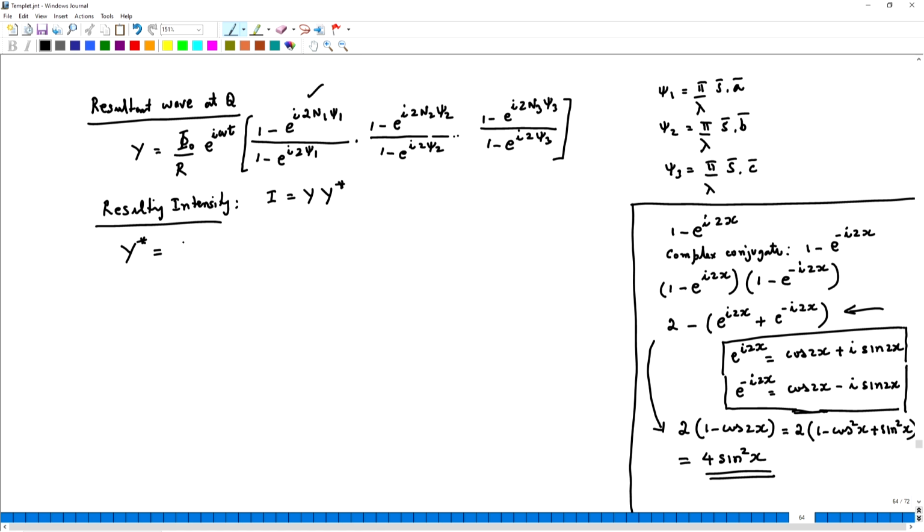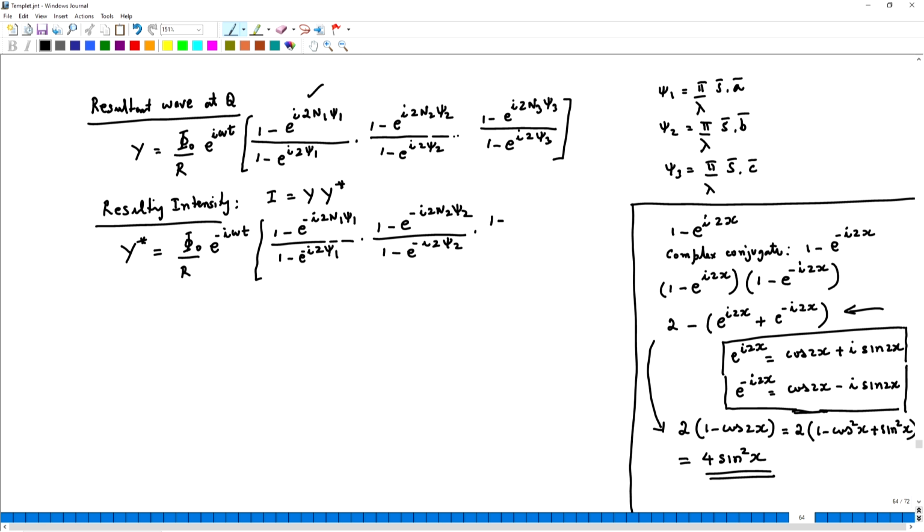The complex conjugate would be phi 0 upon r e to power minus i omega t into 1 minus e to power minus i 2 n1 psi 1 divided by 1 minus e to power minus i 2 psi 1, multiplied by 1 minus e to power minus i 2 n2 psi 2 divided by 1 minus e to power minus i 2 psi 2.